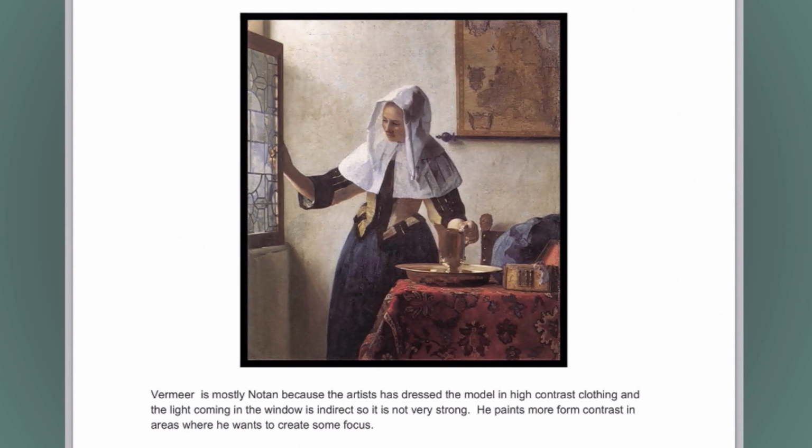Most of Vermeer, most of his paintings like this one, are mostly no-tan. Even though there's a light coming in, it's a bit diffused, okay? But he will put a strong form contrast. In this case, he's got the greatest contrast in the shadowed area of the woman's headpiece. You see, there's form on her face and real light and real dark in that area. And then there's a little bit from the cast shadow on the wall.